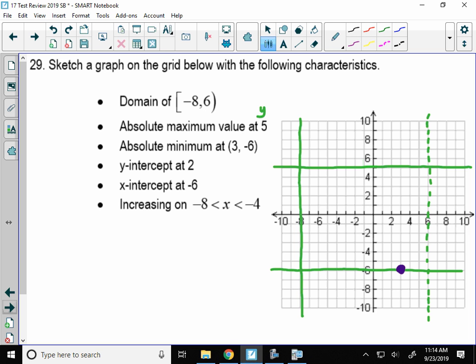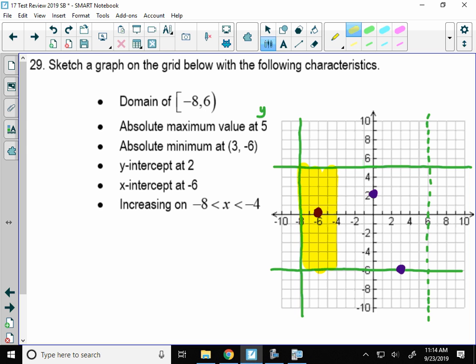I have a y-intercept at 2, an x-intercept at -6. Oh, and there's one more, increasing from -8 to -4. So here, between -8 and -4, I have to increase. All right, so other than those 6 things, you can make your graph however you want.